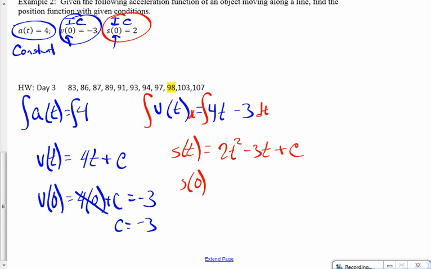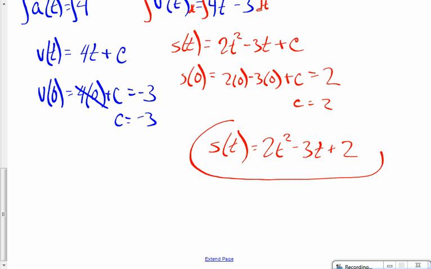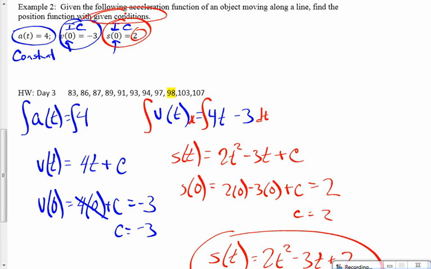S of 0 is equal to 2 times 0 minus 3 times 0 plus c, and we're told that that's equal to 2 from up here. So the c value is 2. Our position function at any time then is 2t squared minus 3t plus 2. And what we've done is we have found a specific solution out of that family of antiderivatives. And the only reason we could do it is because we were given initial conditions in the process.